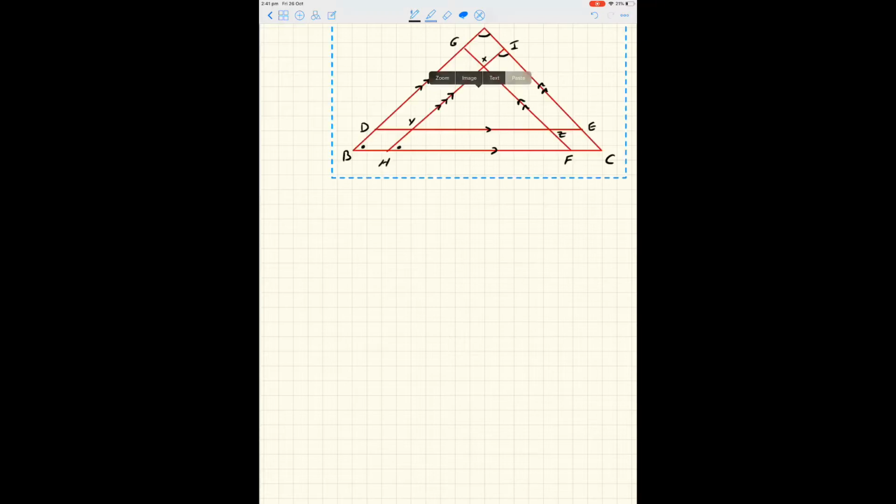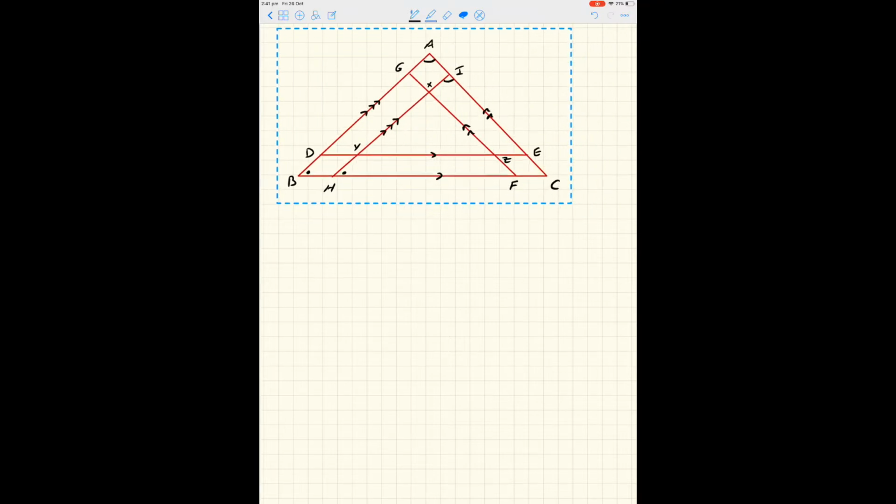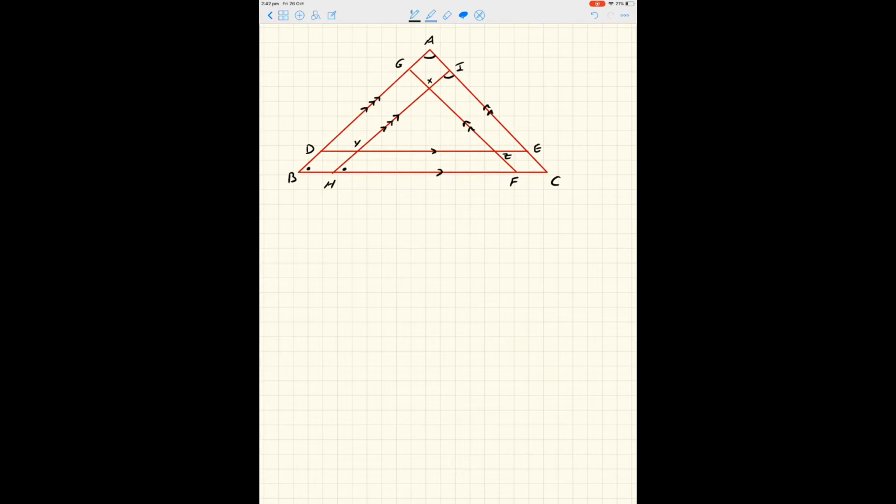If I continue with this, again, a different triangle. Let me paste this in. Okay, here we go, just the diagram that we had before.